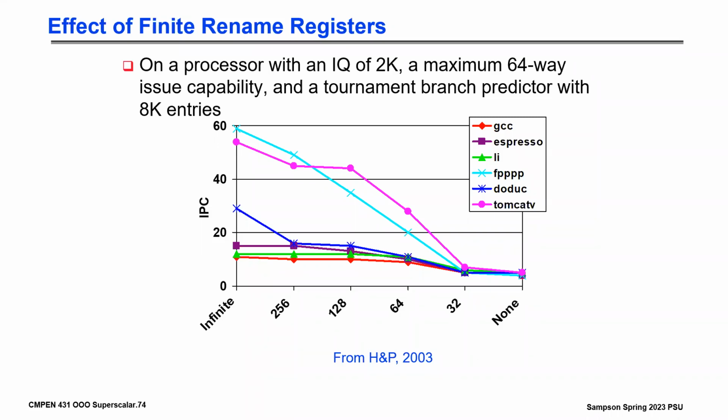This is from 2003. It's been 20 years. But again, ILP is a fundamental program property. These things are only going to change as a function of the programs themselves, not the advances in hardware. What's worth building can change, but the properties of the programs themselves are actually mostly fixed.